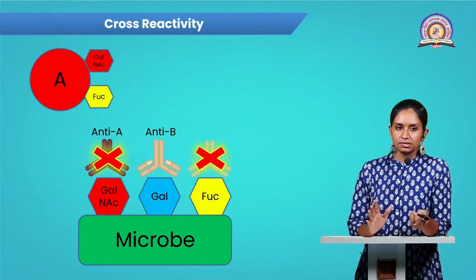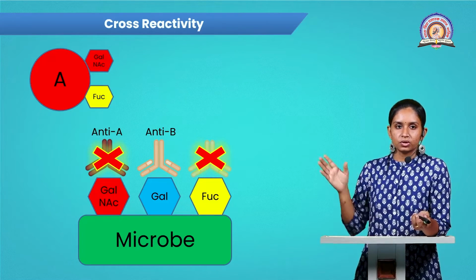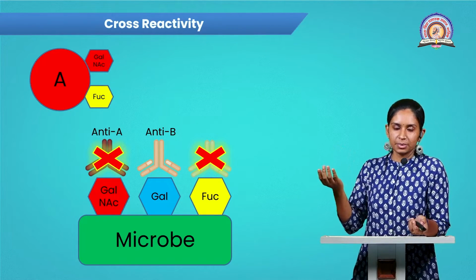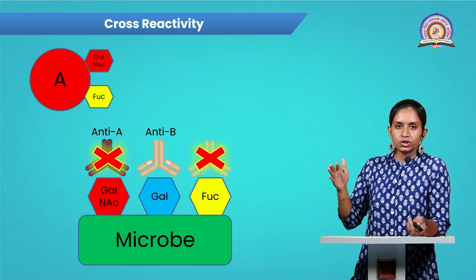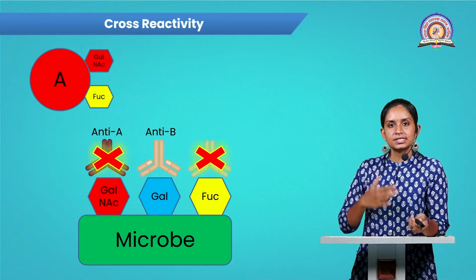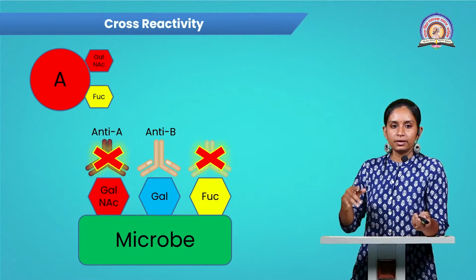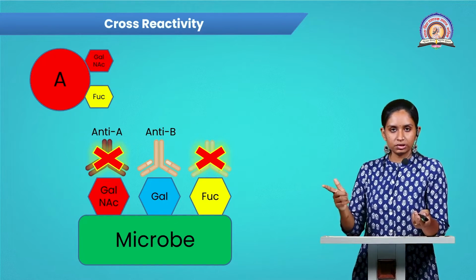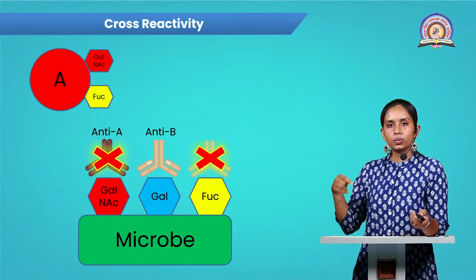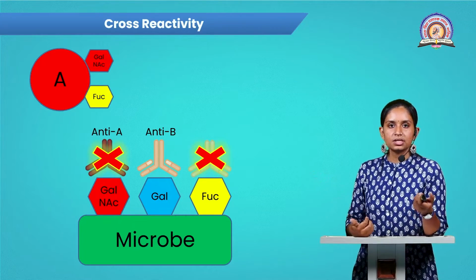So here you can see that A blood group is present, with N-acetyl galactosamine and fucose on the surface. These two are present as self antigens, and due to that antibodies against them are eliminated and only anti-B is present in the serum.